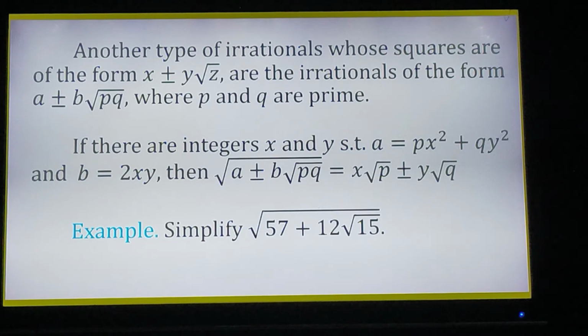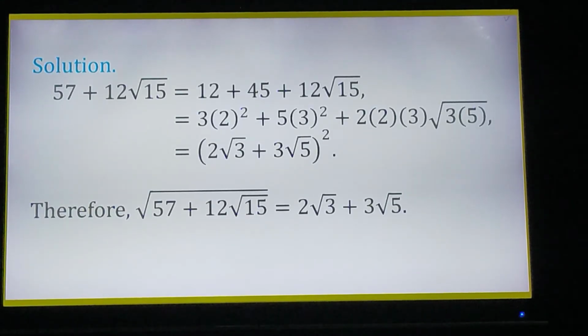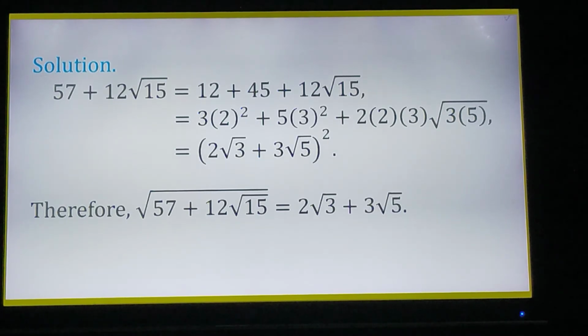Example, simplify the square root of 57 plus 12 times the square root of 15. So here we think of a square multiple, since 15 is 3 times 5, so we think of 57 as the sum of a square multiple of 3 and a square multiple of 5.